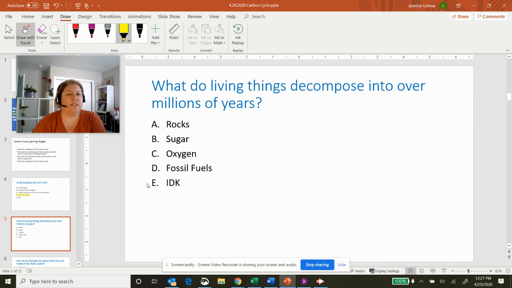If we're living things, so we're going back to dinosaurs and the Jurassic period and before or after that, over millions of years, they're going to turn into fossil fuels. So very old fuels, so coal, gas, oil, those types of things.